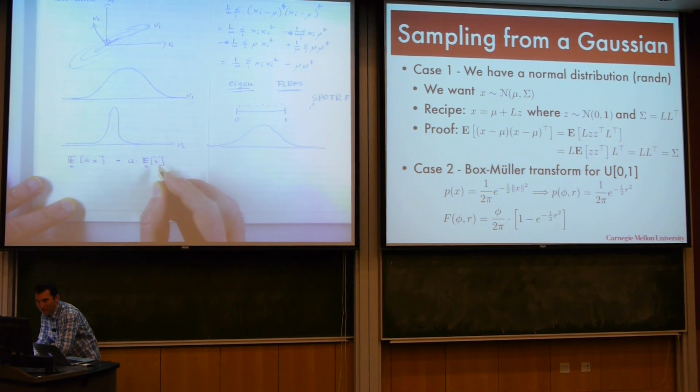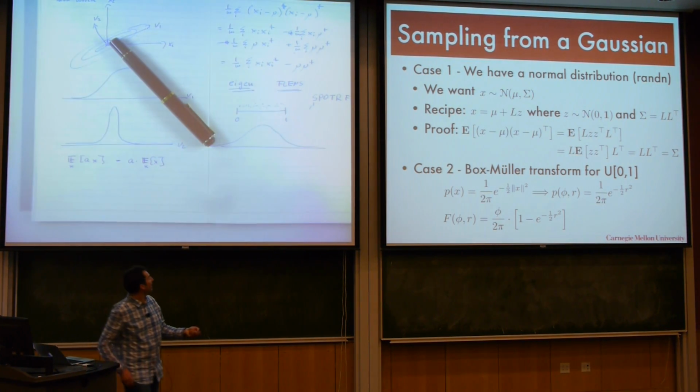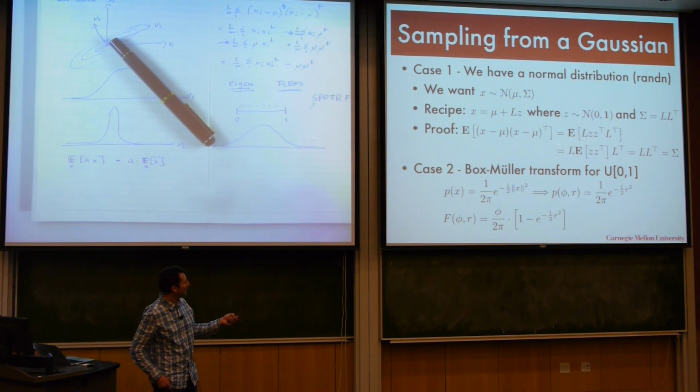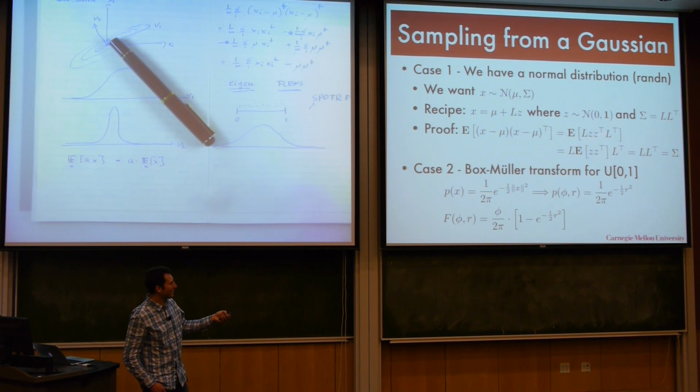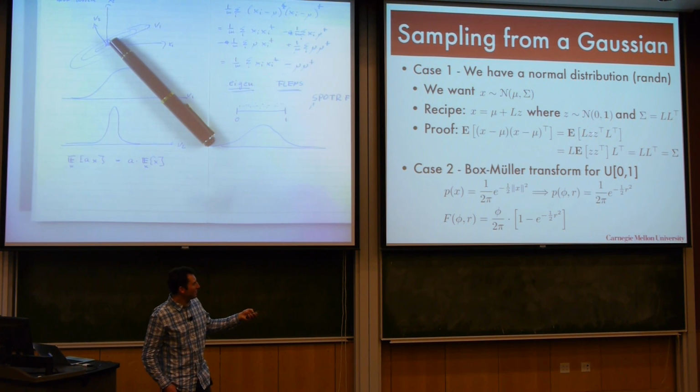Okay. Now, what we have over there looks a lot more intimidating than AX, right? But it's the same thing. It's the same math going on, it's just that you have a quadratic number of terms. But that's the beauty of writing things in matrix notation, that you don't really have to look at all those quadratic number of terms. So that's why I can pull these matrices out of the expectation.